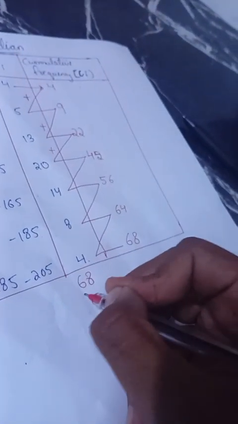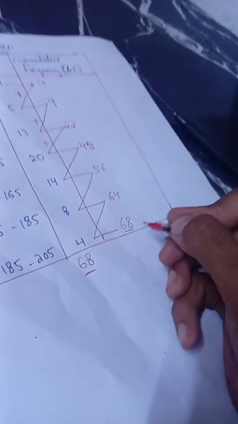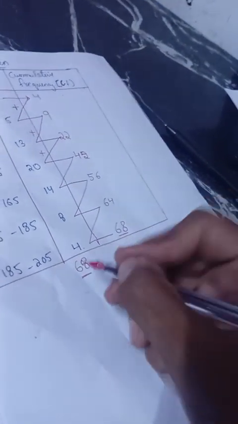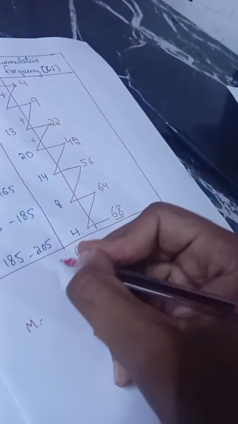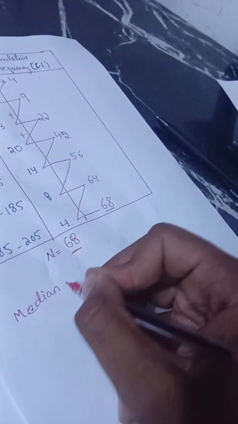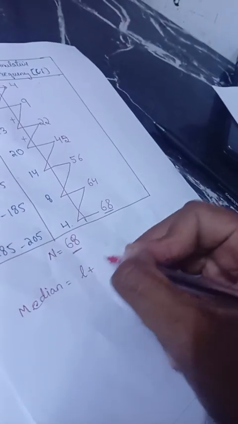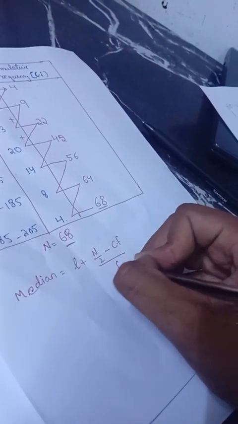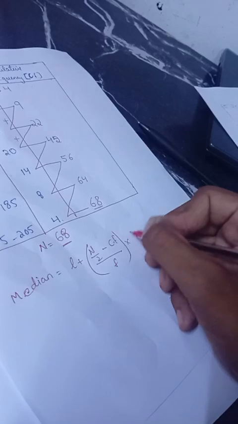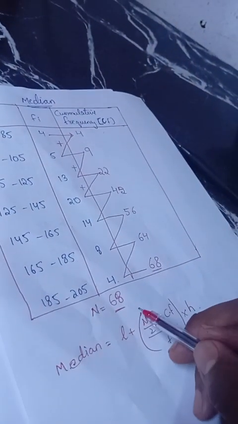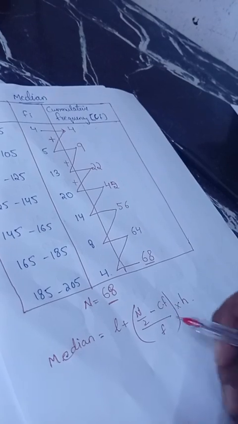If this value and this value are the same, then you have done it correctly. Now the formula to find the median uses n, which is equal to 68. The formula for finding the median is L plus n by 2 minus Cf by f, multiplied with h. So now you have to find L; you have n, and you want to find Cf, f and h.